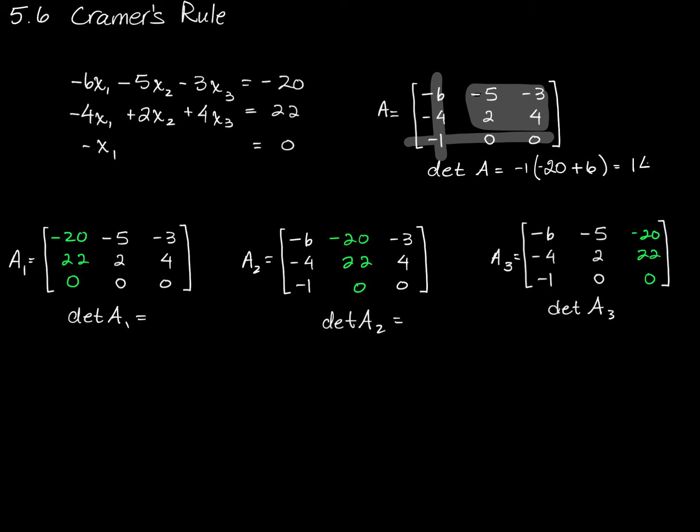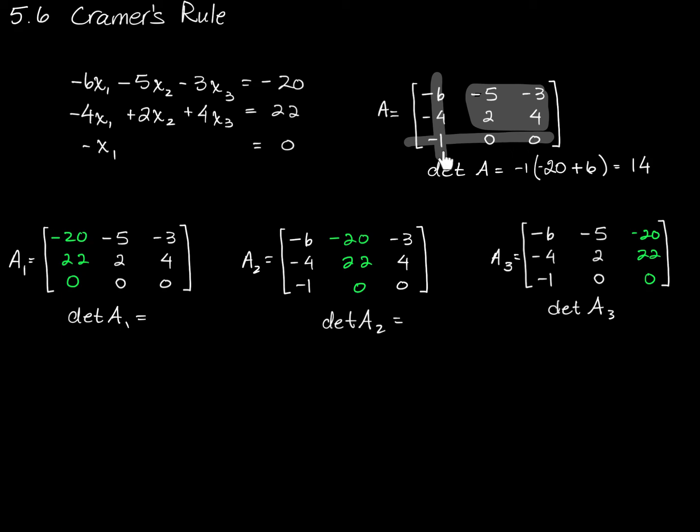And there's one more thing to consider here. I chose to use row 3 for my cofactor expansion, so the cofactors that I came up with were the cofactors associated with -1 and with 0 and with this 0, and obviously because I'm going to multiply these by 0 in determining the determinant, these two don't need to be computed because they just turn out to be 0.